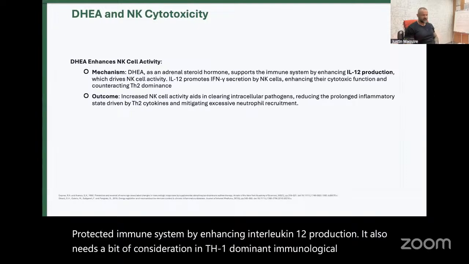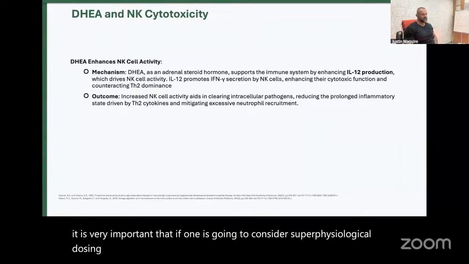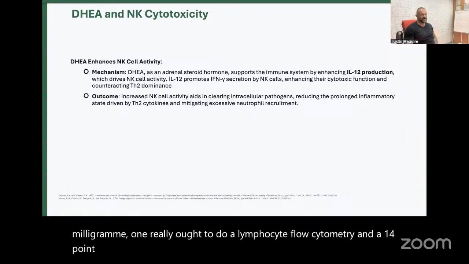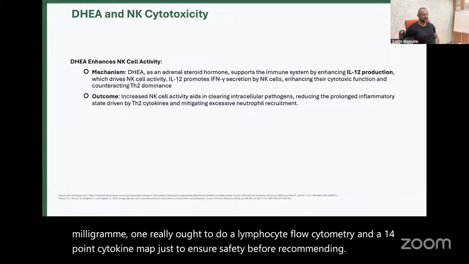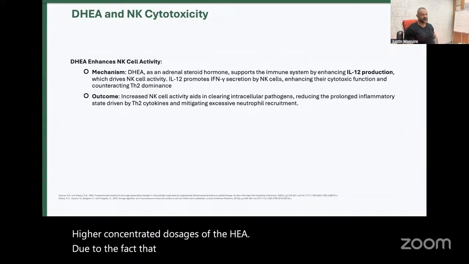So it is very important that if one is going to consider supraphysiological dosing of DHEA, which in my opinion is anything above 50 milligrams, one really ought to do a lymphocyte flow cytometry and a 14-point cytokine map, just to ensure safety before recommending higher concentrated dosages of DHEA, due to the fact that it can drive heightened interleukin 12 activity. But in instances of Th2 dominance, this is actually quite warranted.